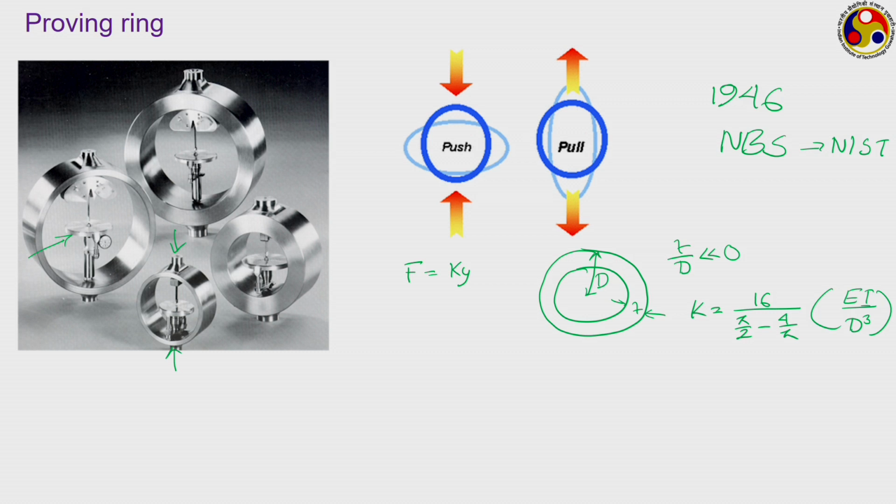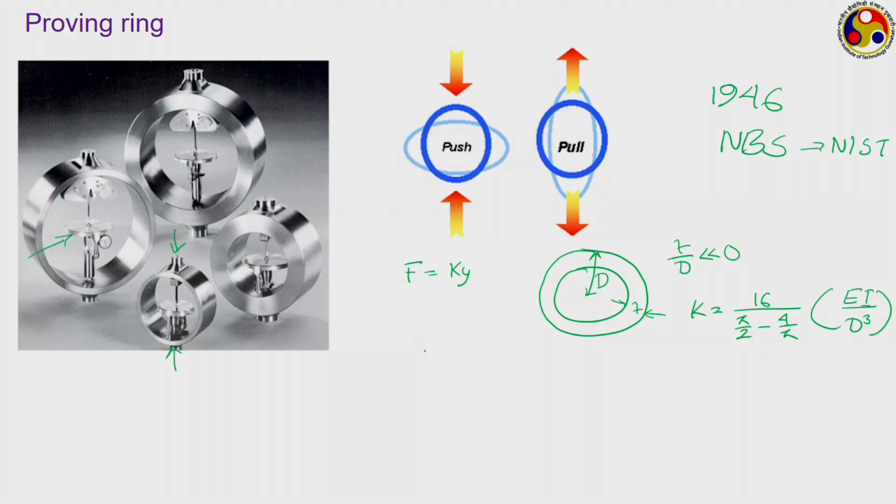Even for rings with quite significant thickness, generally the thin ring approximation is found to provide less than 2% error, and that is why we are going to continue with this relation. So, if you continue with this, then the expression for your force is going to be 16 upon (pi by 2 minus 4 upon pi) into EI by d cube into y.